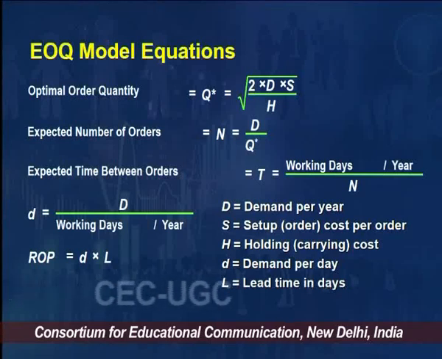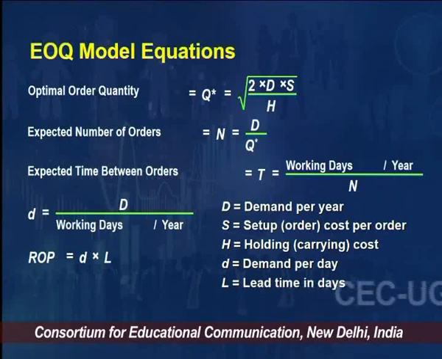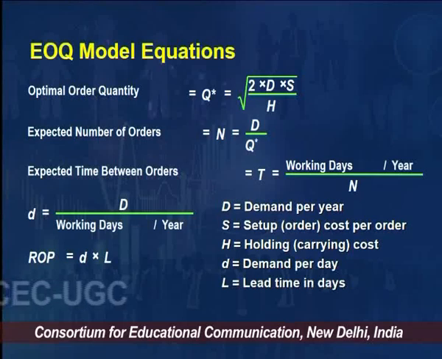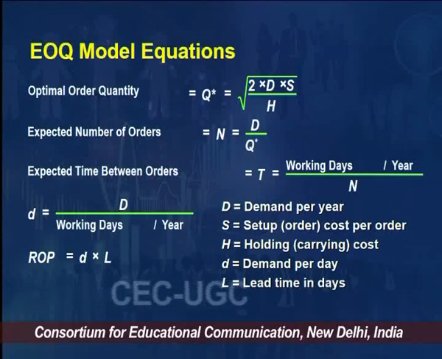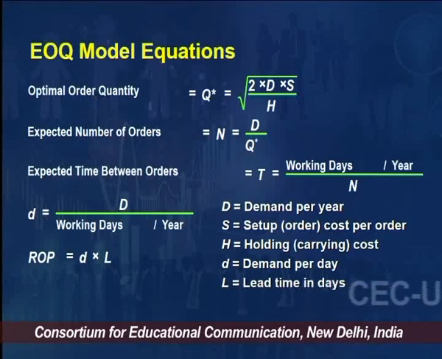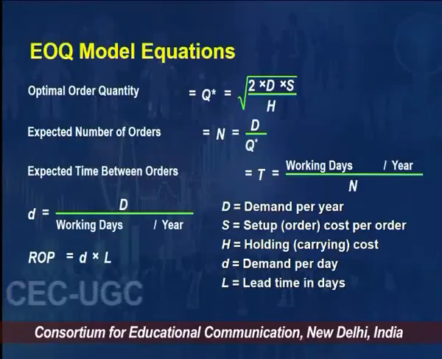ROP, that is reorder point, is equal to small d into L. Small d is demand per day multiplied by lead time in days. So these are the basic formulas which we have studied and which one has to remember while doing the numerical problems based on EOQ.